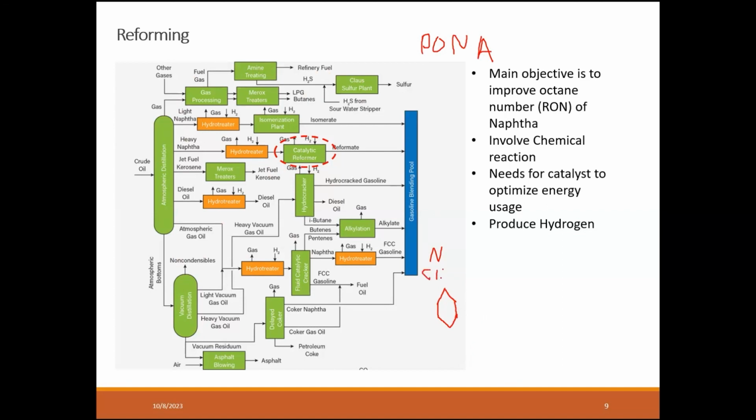Cyclohexanes. So the naphthenes in the feed will be converted into aromatics and hydrogen.